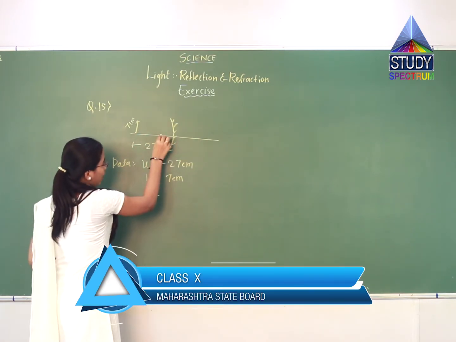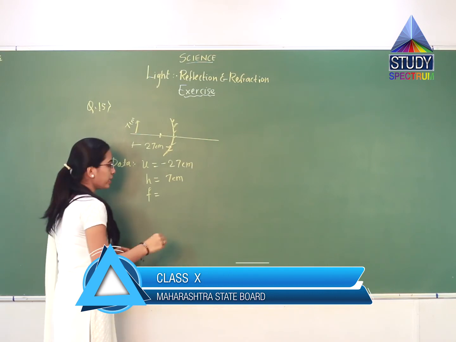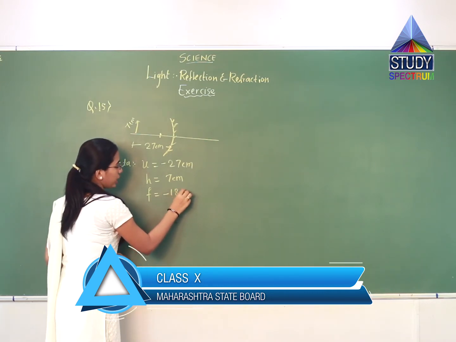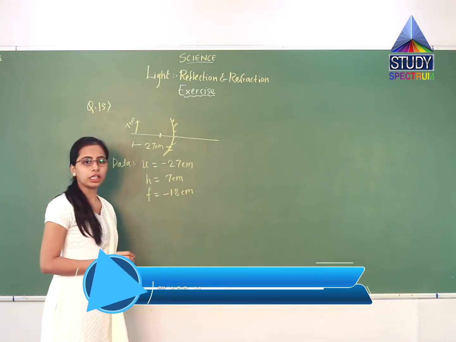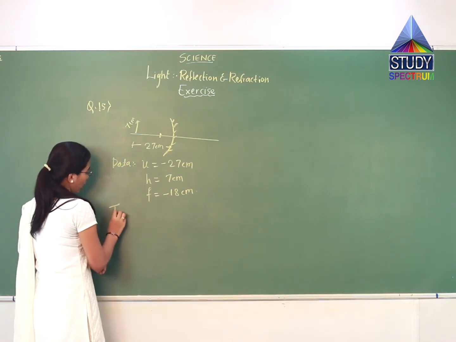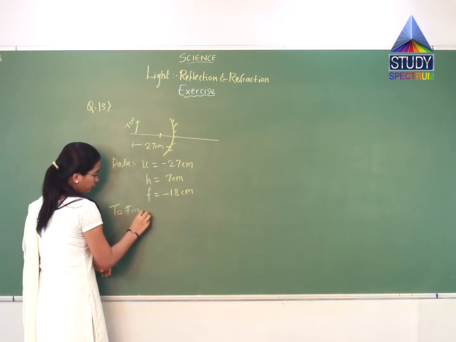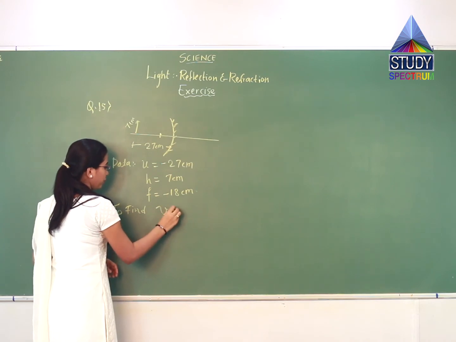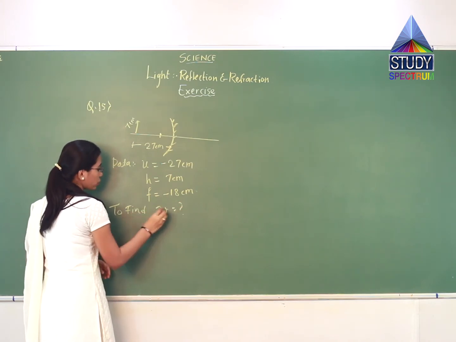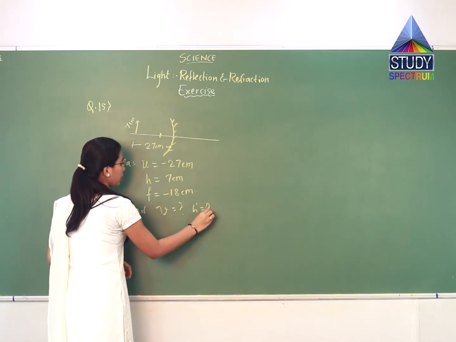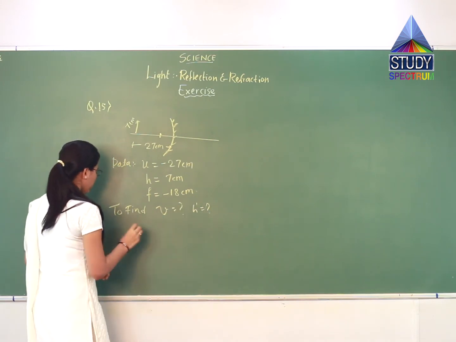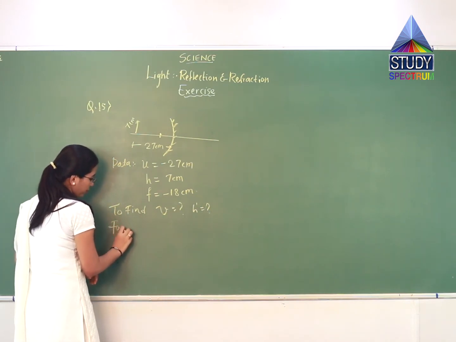So the focus which matters is the focus from the left hand side. So it is minus 18 centimeter. Now we have to find again v here and also h dash, that is the size of the image. So let us write down the formula.